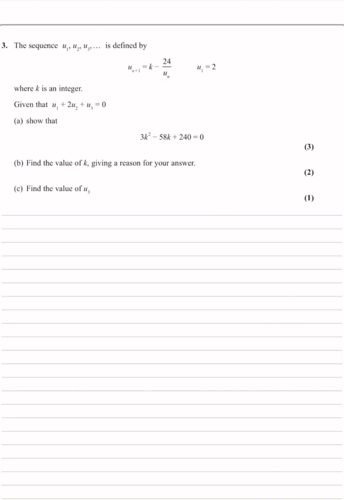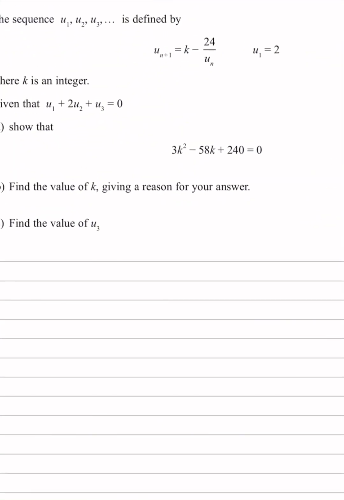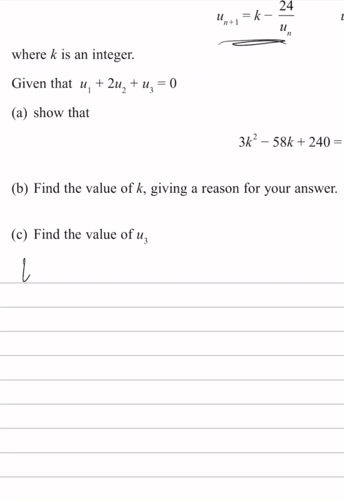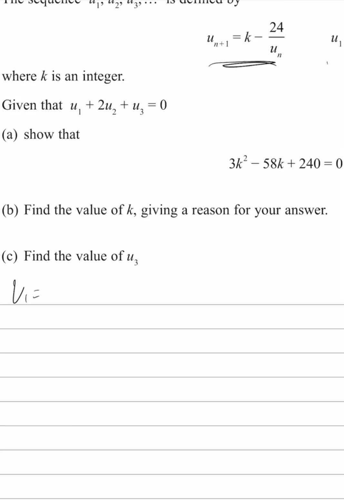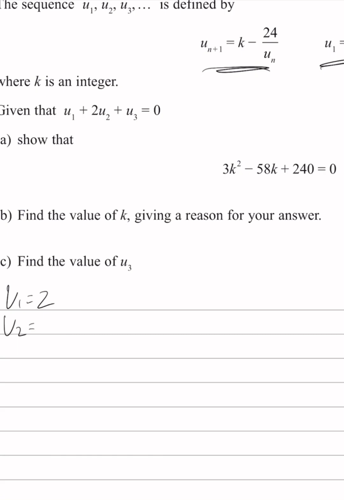Question 3. It's a sequence question, so for part A, we want to use the equation here given to find u1, u2, and u3. So u1 would be 2, as it says. u2 would be k minus 12, subbing into the formula.